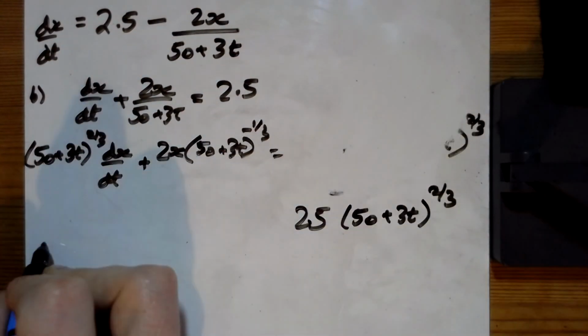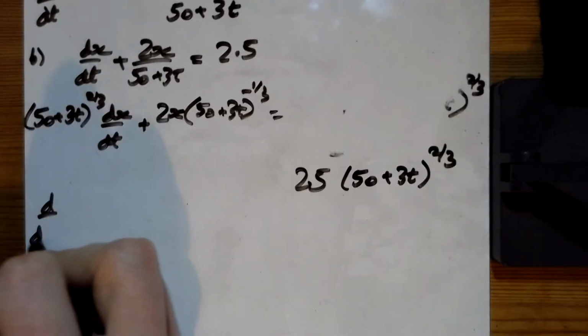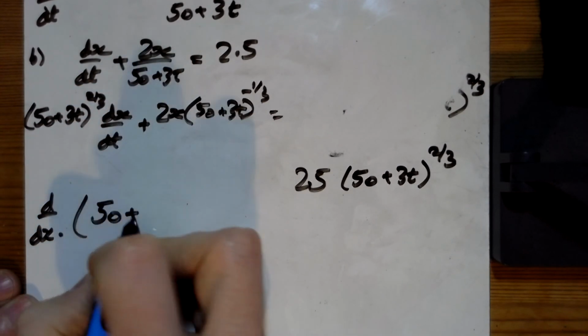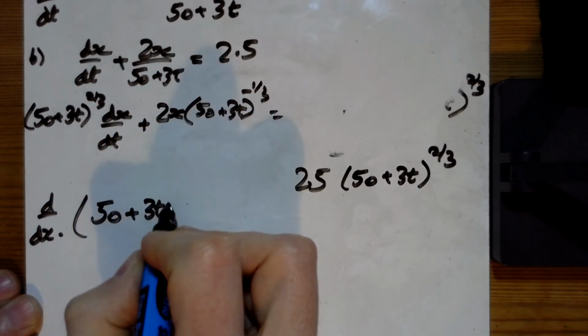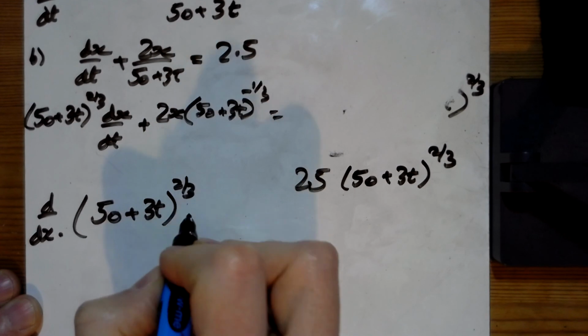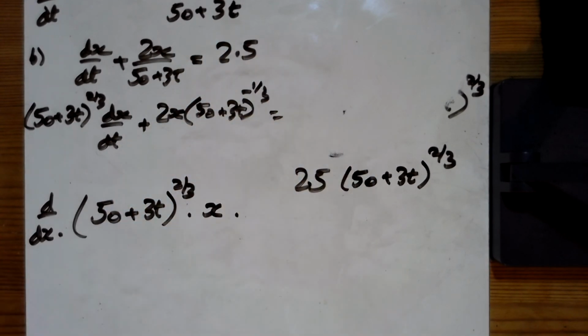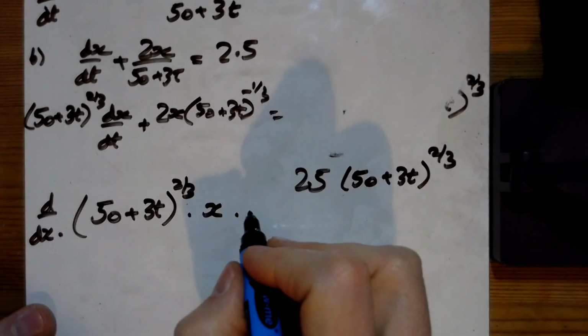So this is the product of 50 plus 3t to the power of 2/3 times x. Is it? Yeah, it is.